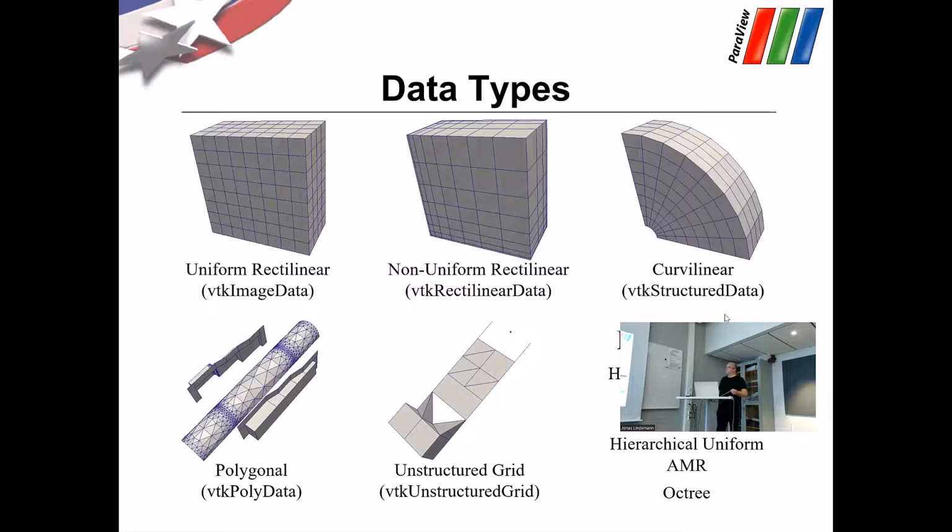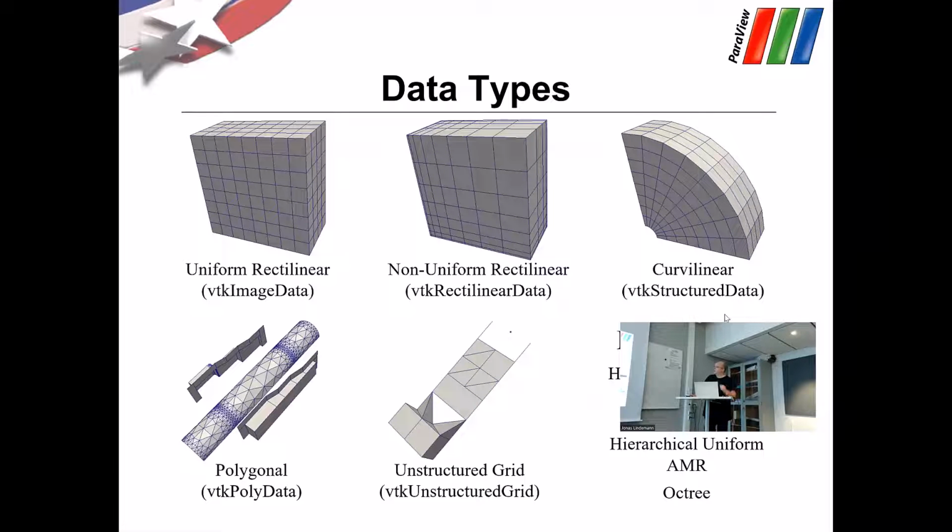And ParaView has built-in primitives for different kinds of data. So you have the uniform rectilinear data. That is basically a structured grid by rows, columns, and sections in the depth as well. You can also have non-uniform rectilinear, when you have varying distances between grid points.